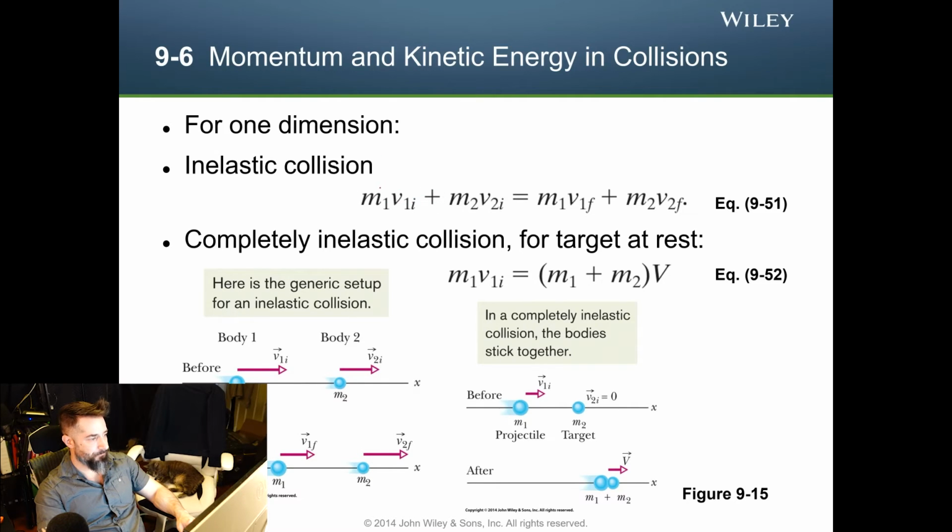In one dimension, for inelastic collisions, you have things not being necessarily conserved. You have mass 1 and mass 2 with their own individual velocities, and this is the initial portion, and this is the final portion.